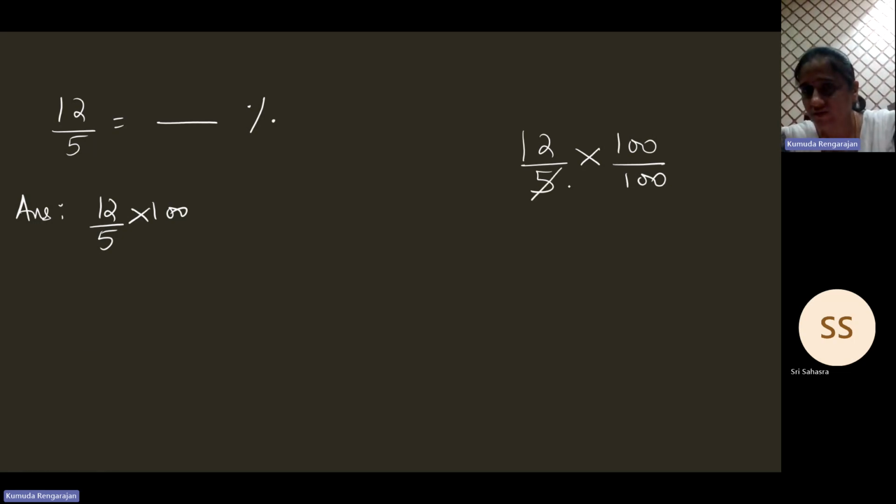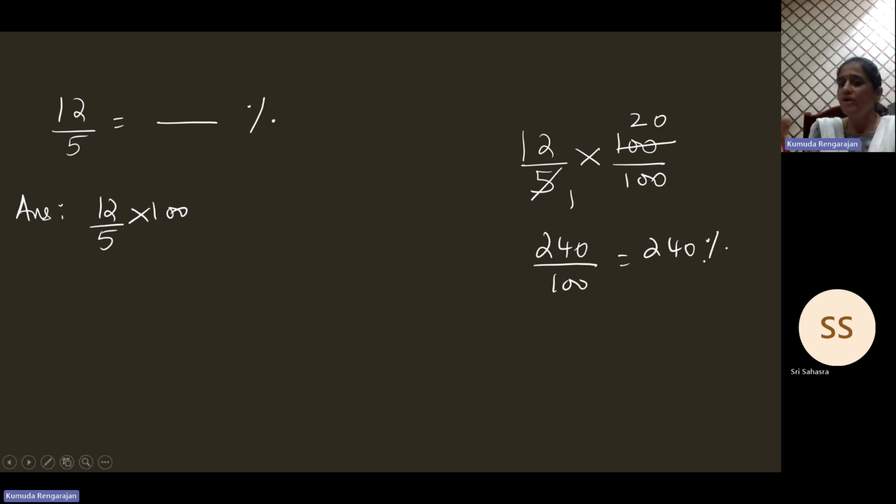Now see here, 5 ones are 5, 20 times. Now 12 into 20 is 240. So anything out of 100 means percentage. What do you mean by 240 out of 100? 240 percentage.